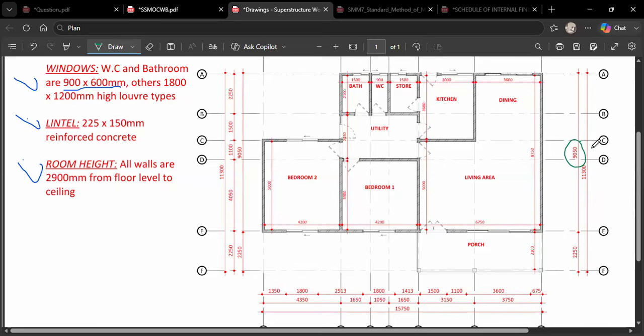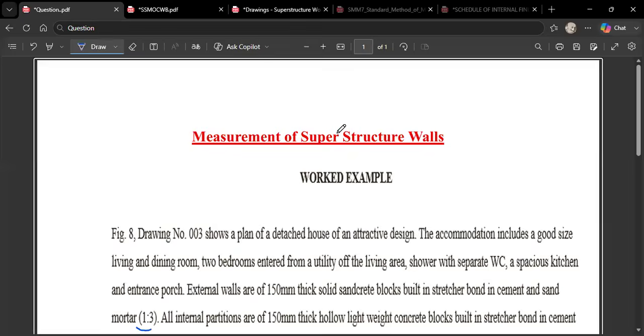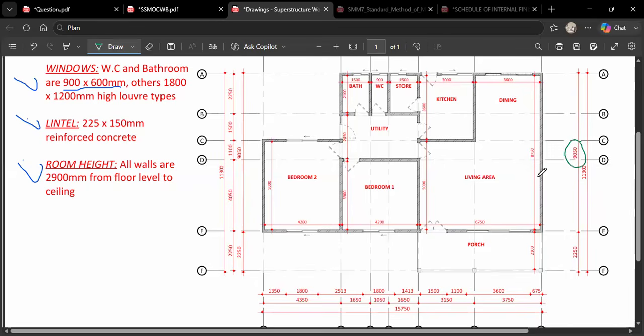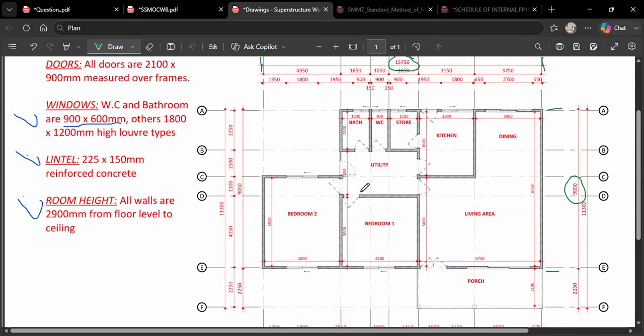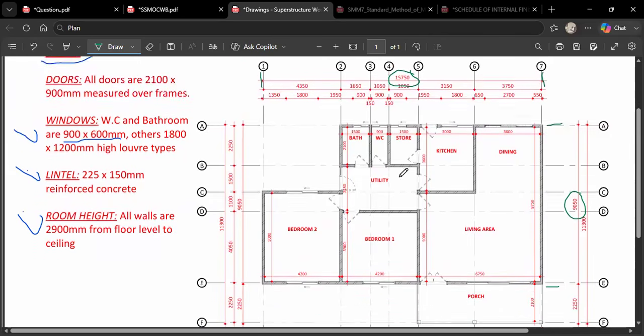When we divide it by 1,000, we get 9.05. As simple as that. So let me quickly put that down. I said that over here we are not considering this porch because it is not an external wall. The real external wall begins from here and ends here. That is for the width of the group, but the length is 15,750. As simple as ABC.